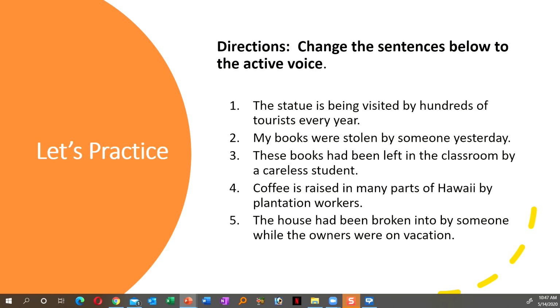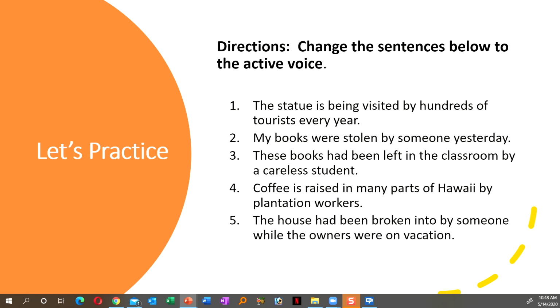It still becomes, it's not clear. Someone broke into is the verb. You can use had broken, but even to be even clearer, right? Someone broke into the house while the owners were on vacation.